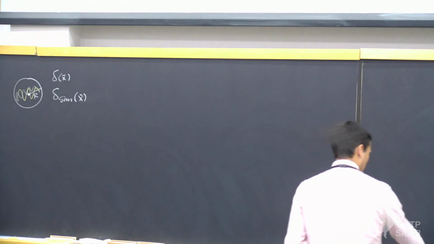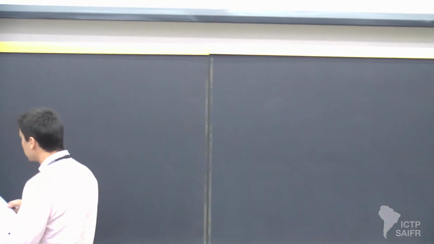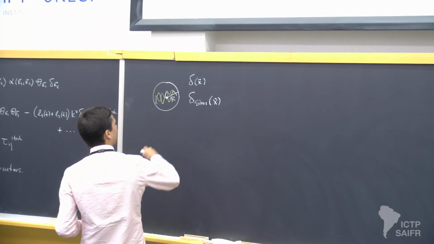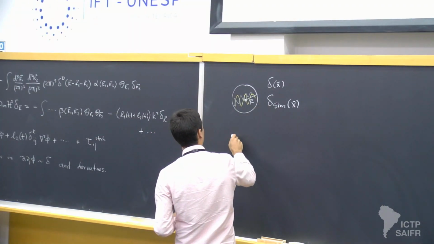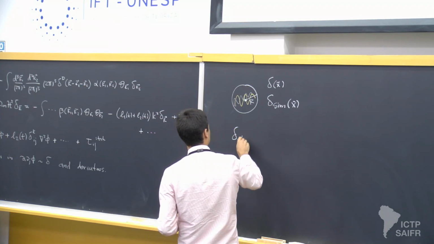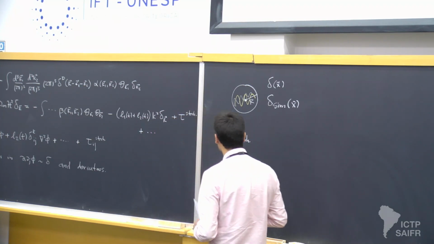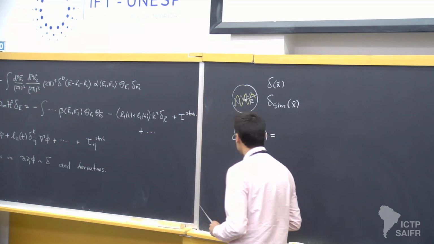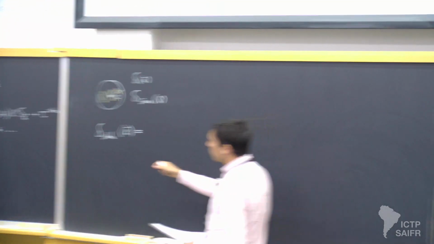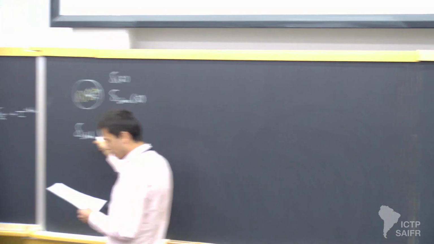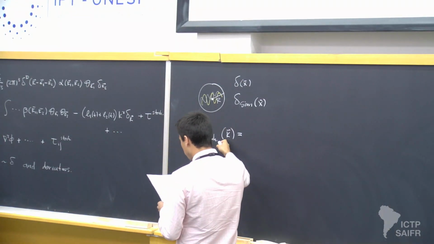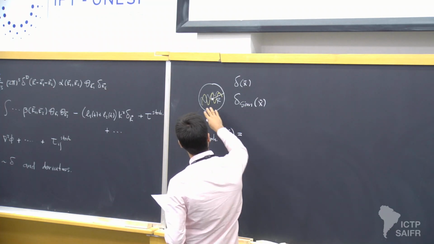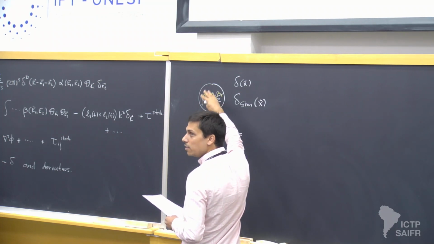So let us calculate the following quantity. I'm going to call it stochastic delta of k, which is now the Fourier transform. So I'm in Fourier space, but it is a Fourier transform of basically the differences of these two fields in this region of space.